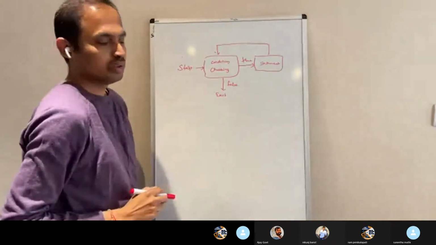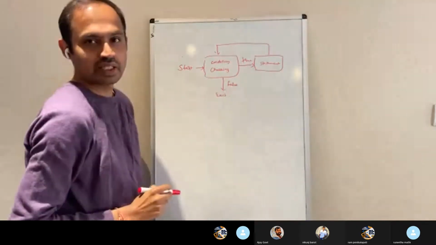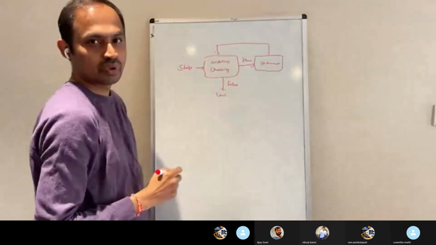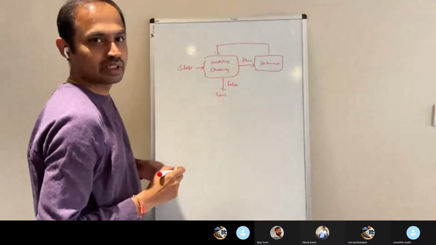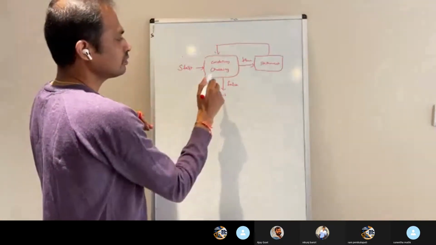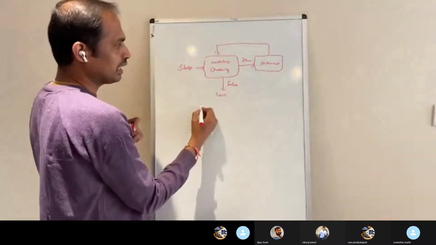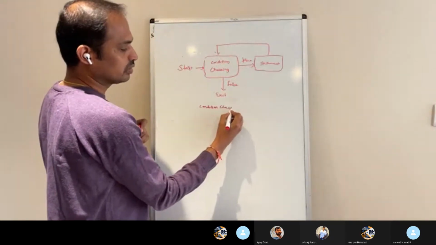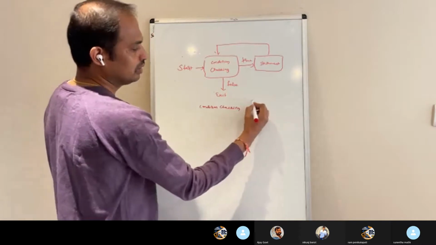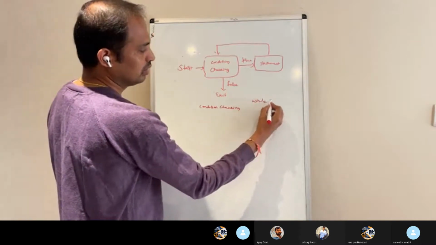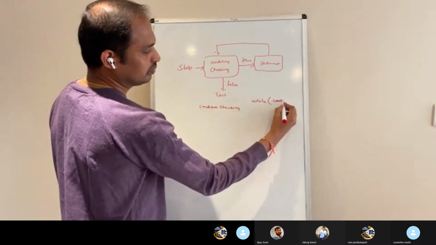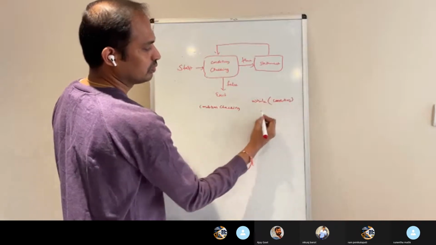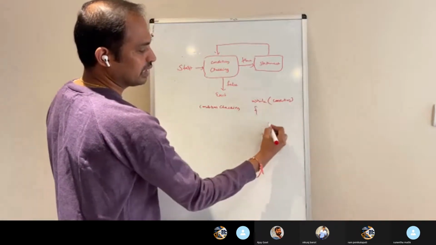So here we don't have initialization or increment in the arguments. What will we have? Only condition checking. So while, we'll check the condition. That's it. This is the syntax.